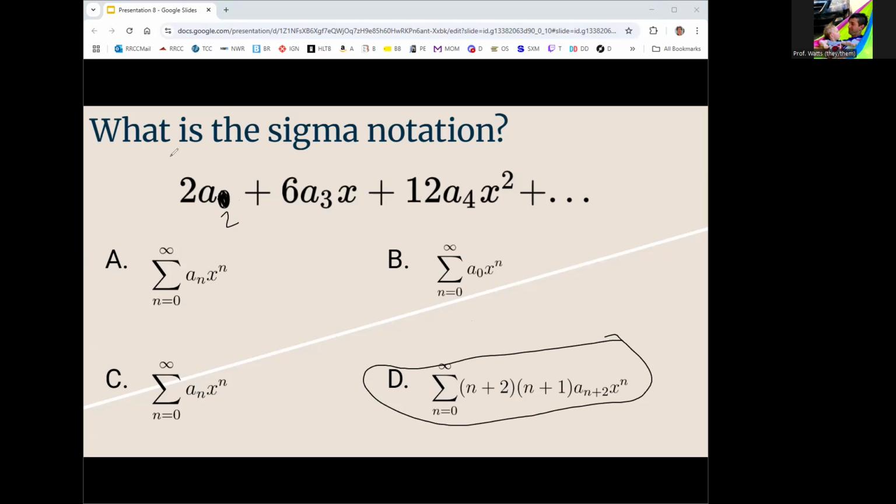That this is really a 2 times a 1 times an a2 times an x to the 0, which is the n equals 0 version of that. And this is a 3 times a 2 times a3x to the 1, and n equals 1. And then a 4 times a 3 times a4x squared, which is when n equals 2. So the correct answer is D, though I have a typo to fix there in the slides.